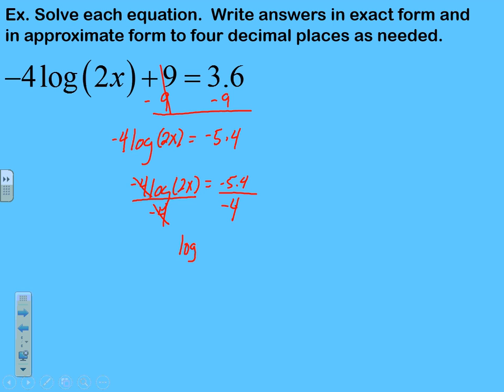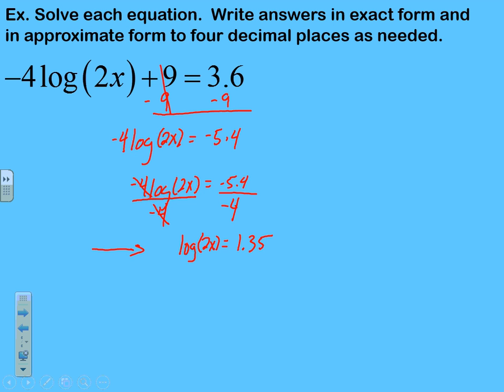So I'm left with log of 2x, and -5.4 divided by -4 will be a positive 1.35.